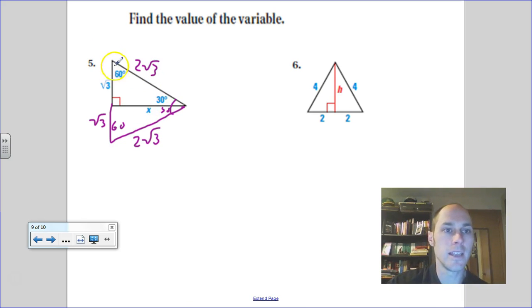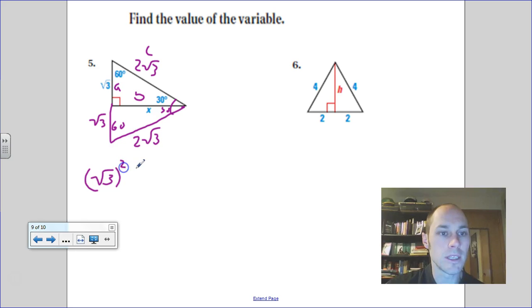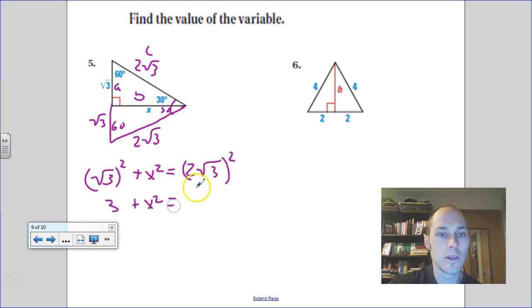In order to find x, now I've got two sides in a right triangle, so I can use the Pythagorean theorem. So I've got a and b. Here's my hypotenuse. So square root of 3 squared plus x squared equals 2 square roots of 3 squared. Square root of 3 squared is 3 plus x squared equals 4 times 3, 12, which is 2 square roots of 3 times itself.